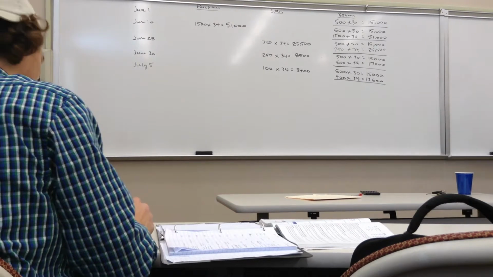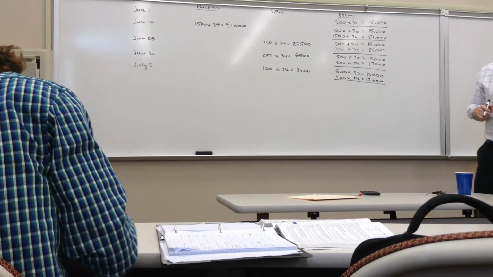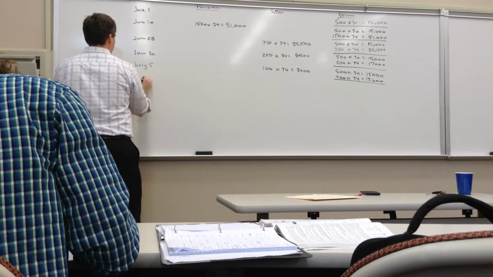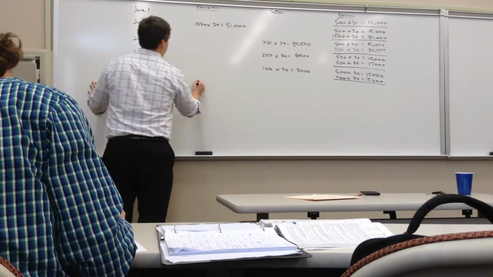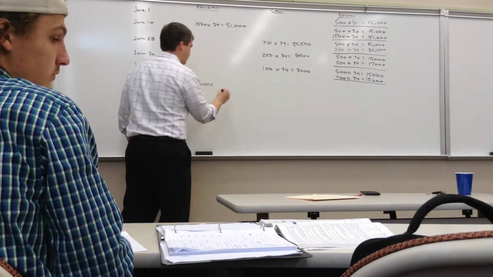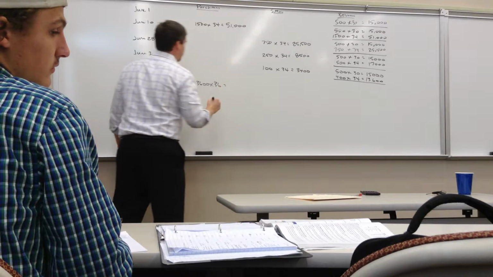Now here's where things get funny. July 10, we make a purchase. 3,600. We buy 3,600 items at 35. All right.